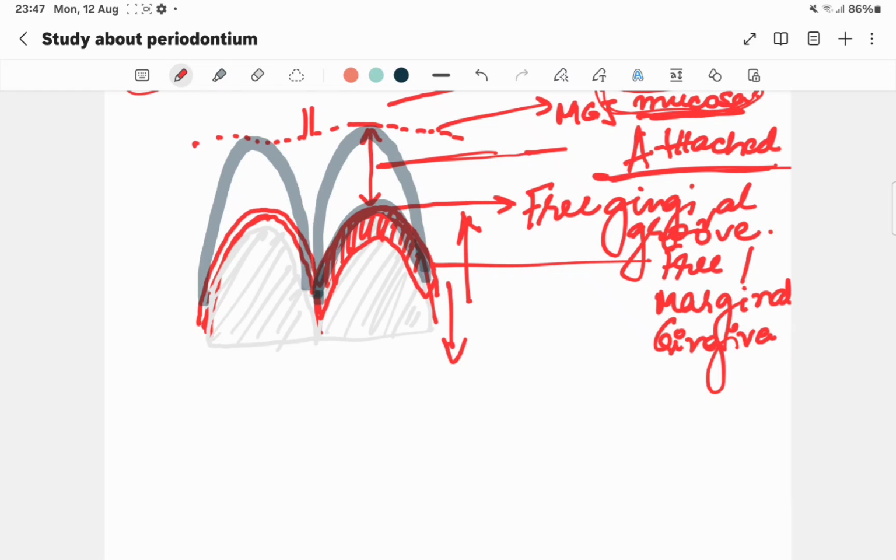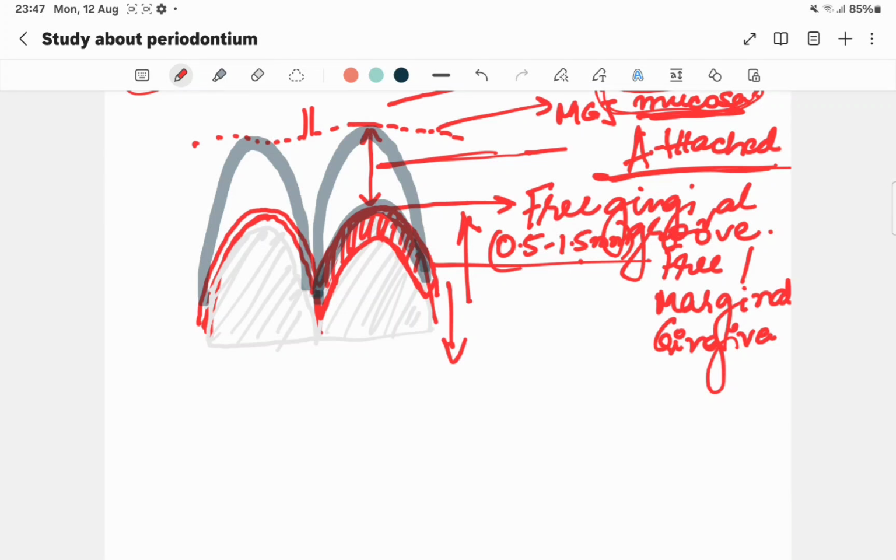Basically, it runs parallel to the gingival margin, about 0.5 to 1.5 millimeters from it.